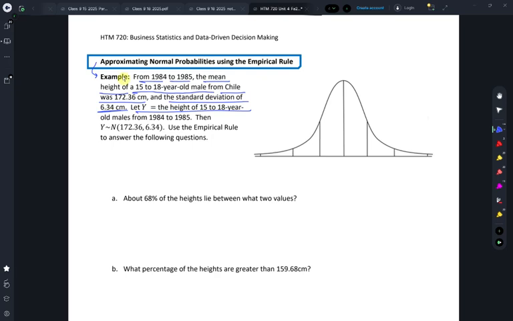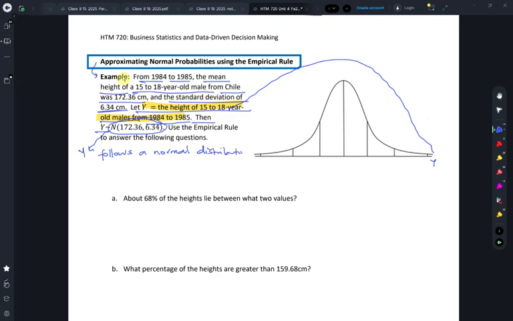Let y be the height of a 15 to 18-year-old male from 1984 to 1985 from Chile. So that is the variable of interest that we're observing for that population, y. And we have been told that y follows a normal distribution. So this is shorthand for y, the height, follows a normal distribution.